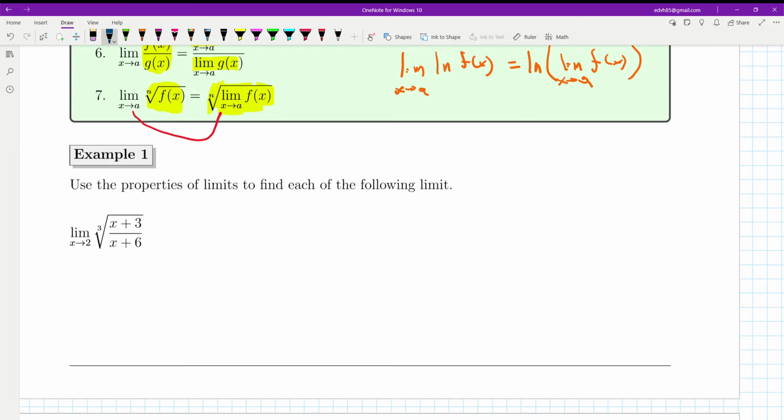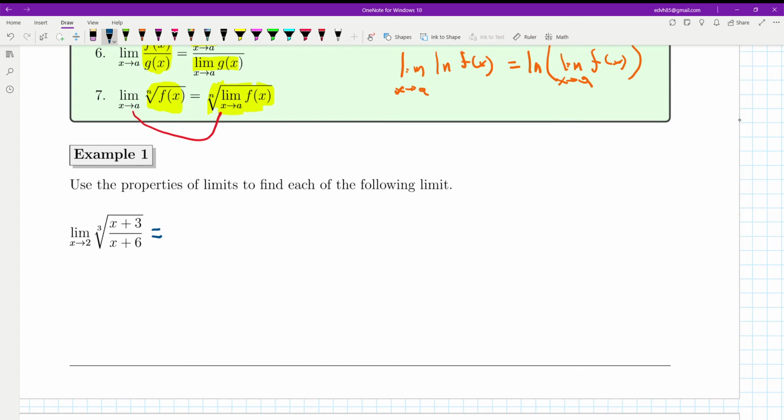So for example, here I'm going to do only one example in which we are going to illustrate the different properties of limits. In particular, I'm going to change this limit, as x approaches 2 of the cube root of the quotient x plus 3 over x plus 6.